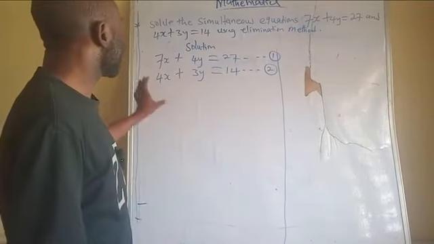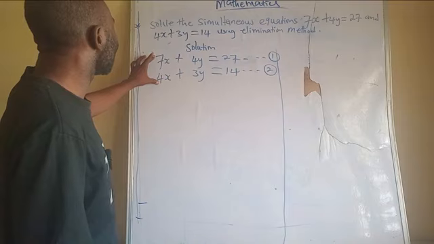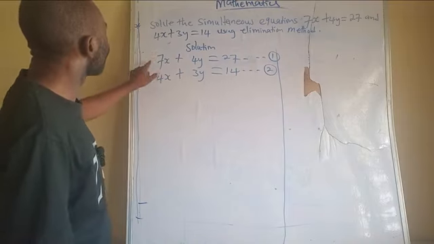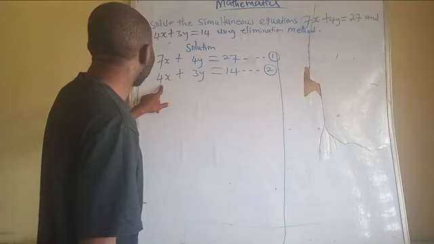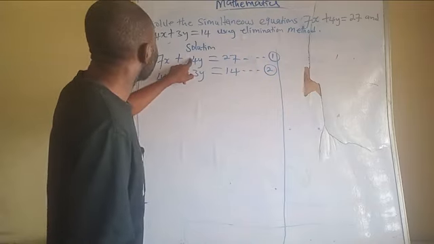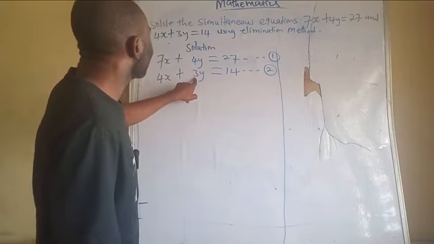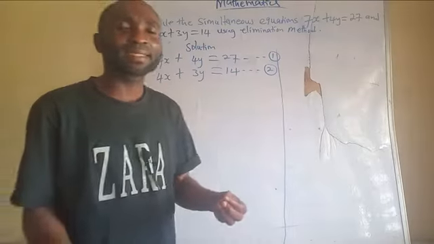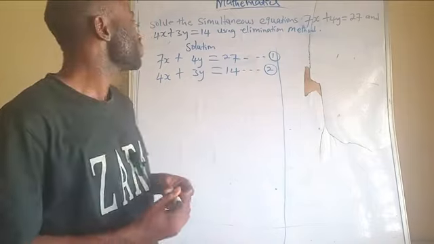So guys, examine these equations. We discover that in equation 1 we have 7x, in equation 2 we have 4x; in equation 1 we have 4y, in equation 2 we have 3y. So how are you going to eliminate one of the unknowns? It is just simple.